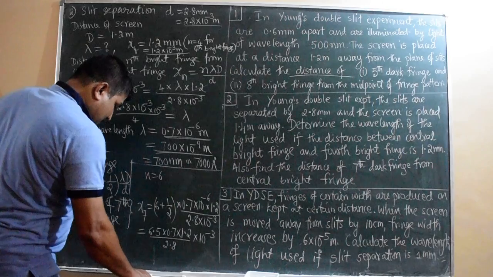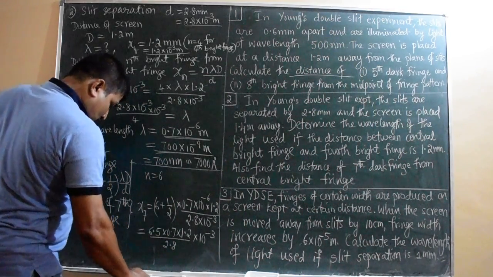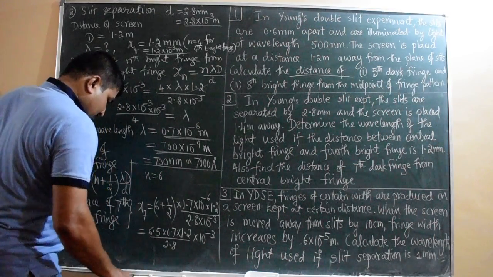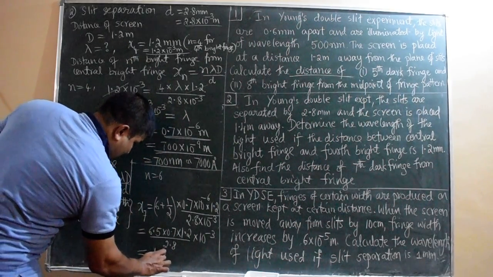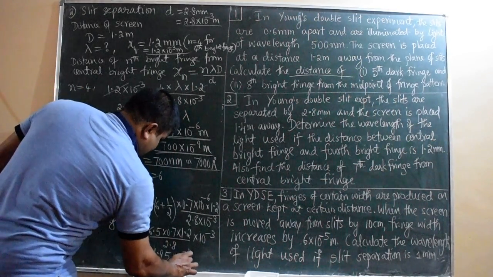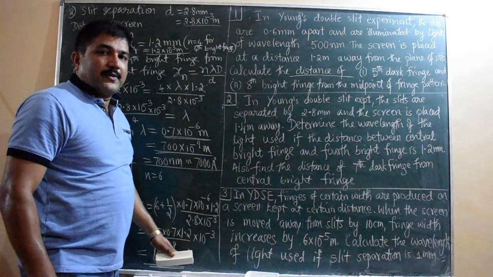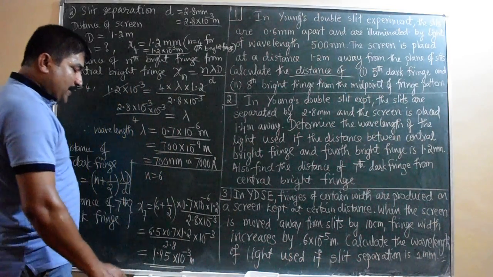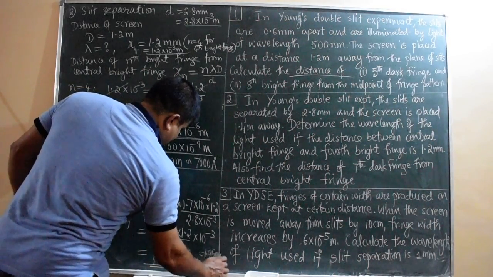I am doing the calculation in the calculator: 6.5 into 0.7 into 1.2 divided by 2.8. What you get is 1.95. So the number is 1.95 into 10 power minus 3 meter. Just substitution and calculation. We can also write it as 1.95 millimeter. This is the answer.